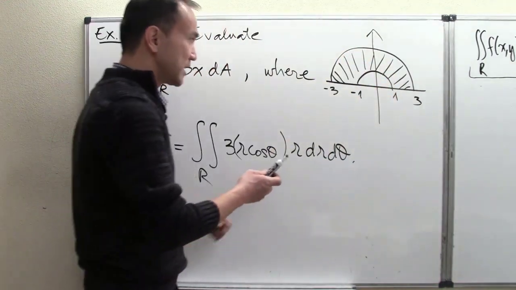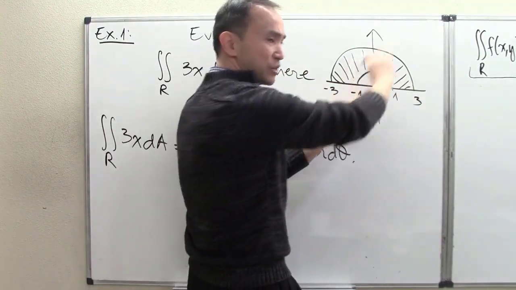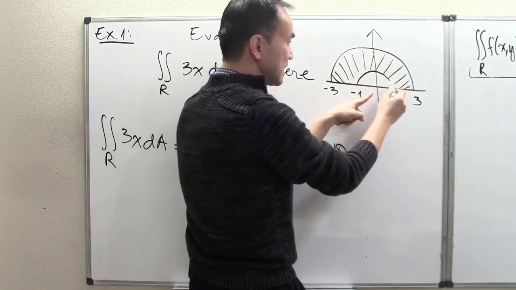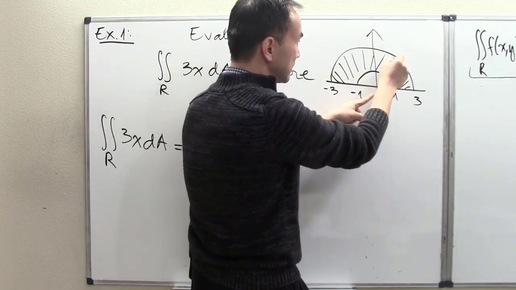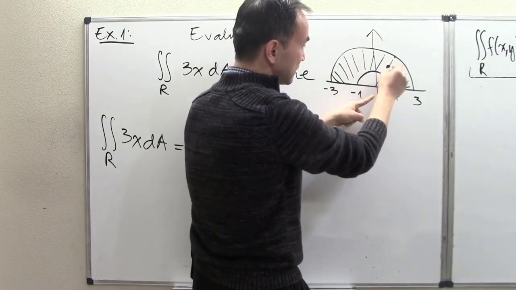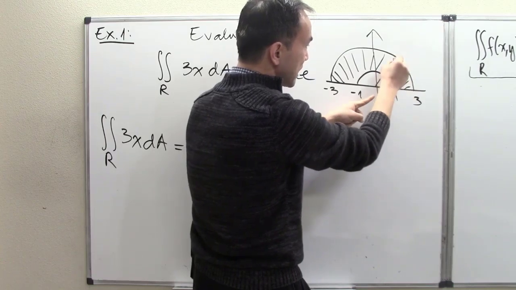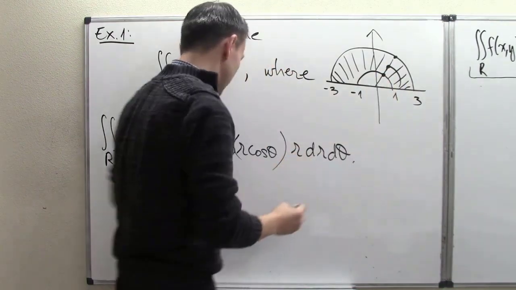So here's how I'm seeing it. In polar coordinates, it's just a matter of how much angle theta and how much radius. So at any point in this area, it's going to be at some angle theta. And then the radius here is between 1 and 3, because this is the radius of the circle.